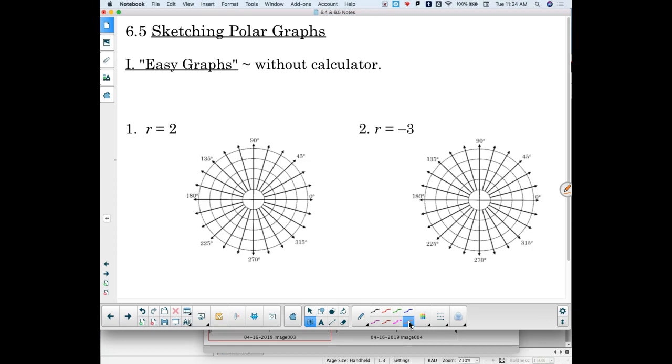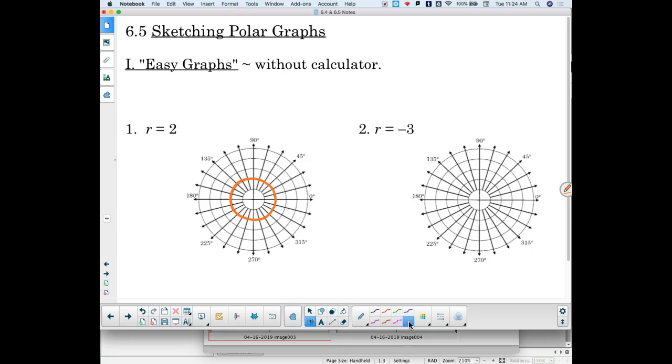Okay, so it's centered at the pole, and it's got a radius of 2. Agree? Okay. R equals negative 3. What's that one look like? Circle with a radius of 3, centered at pole.